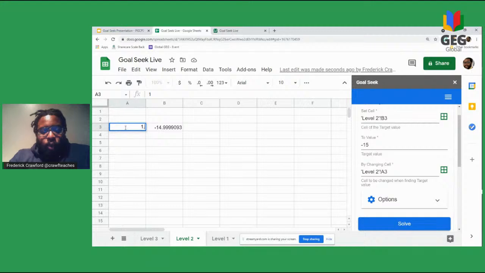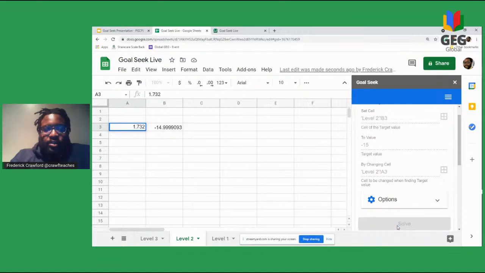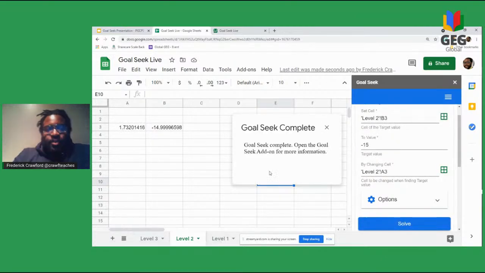I'm going to try 1.732. Since I had 1.7319, I'm going to go ahead and try 1.732. So notice this is getting much closer. This value after the 9 is getting closer to the other 9. So I can keep on doing this. Yeah, this value right here.